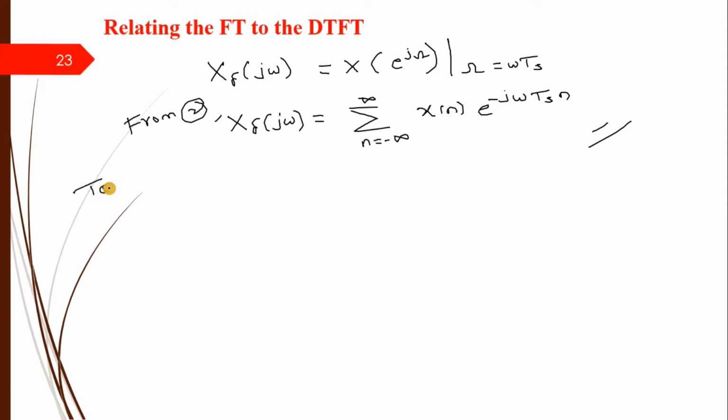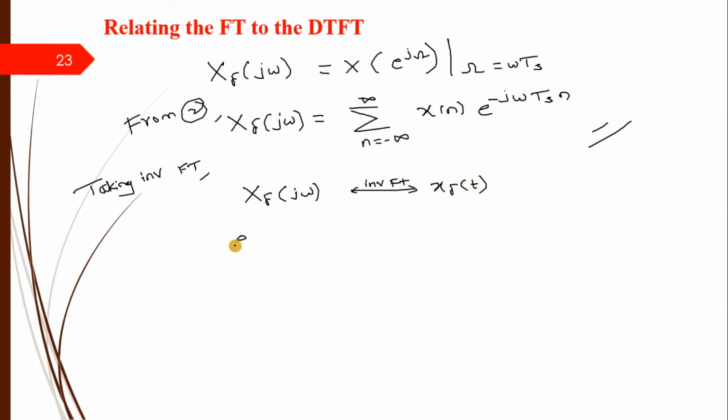Now taking its inverse Fourier transform, capital X delta of j omega, if I take its inverse FT, I get small x delta of t. This is frequency domain, this is time domain because it is inverse FT.